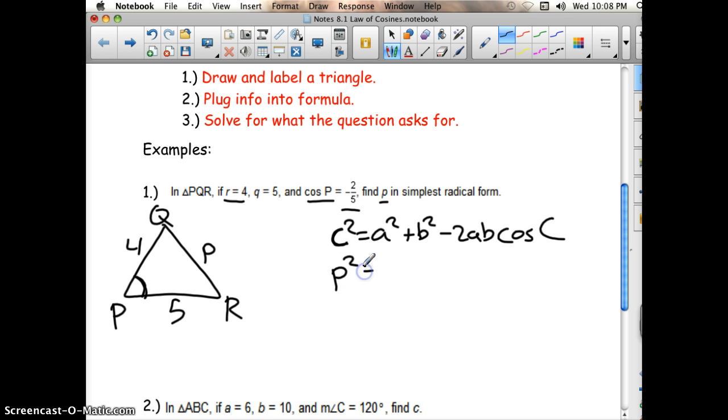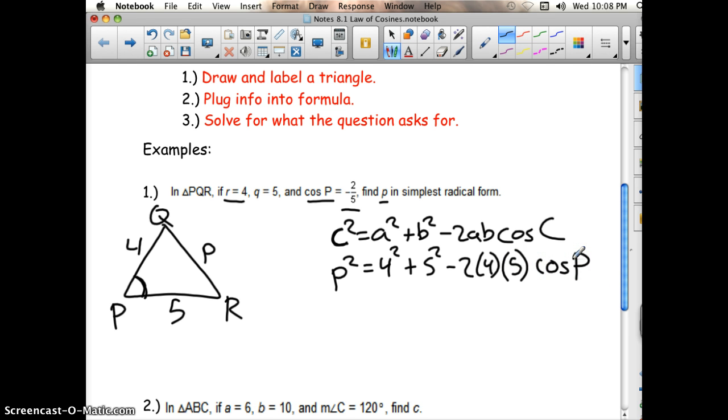In this case, my loneliest side is p. The 4 and 5, much like the legs in the Pythagorean theorem, are interchangeable. The important one is the loneliest side, the one across from the angle that we're taking the cosine of.